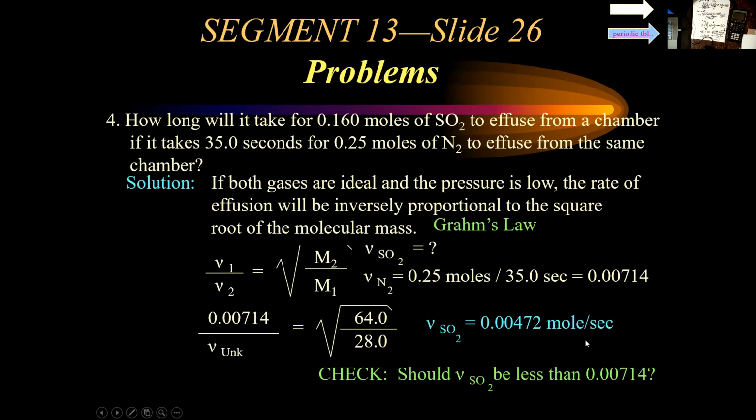Now, to check, SO2 is heavier than N2, so it ought to travel slower than the N2, and that's what we got. We got a number that was smaller than the effusion rate for the N2. So again, it's the way to check. The time then is the number of moles divided by the number of moles per second, which is 33.9 seconds.